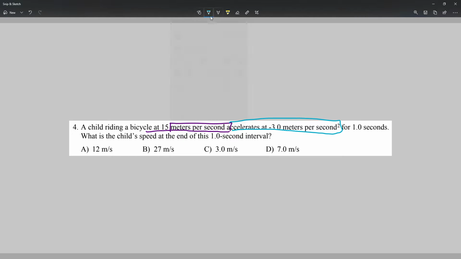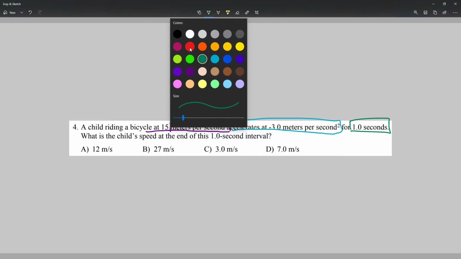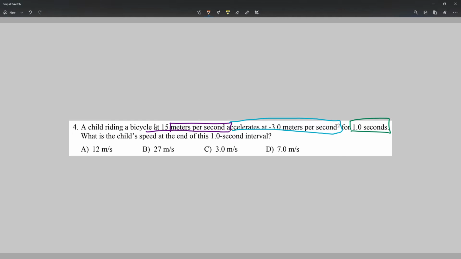For 1 second. So you can basically assume, based on the context of the problem, that the speed given here is your initial speed, right? A child's riding a bicycle at that speed. So that's basically your initial speed or initial velocity, right?